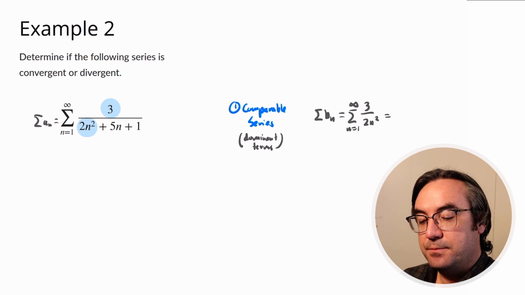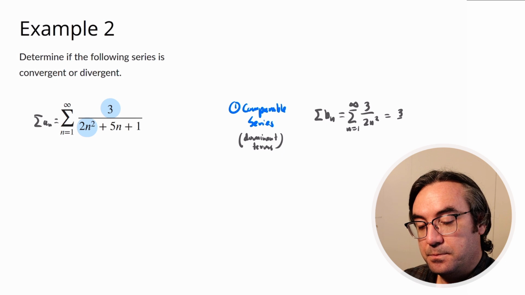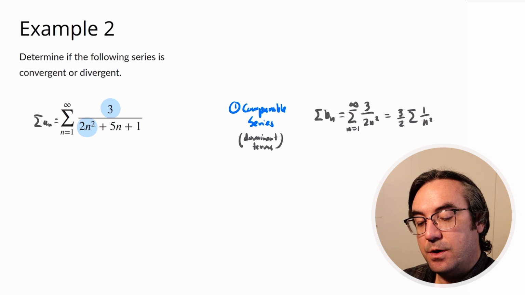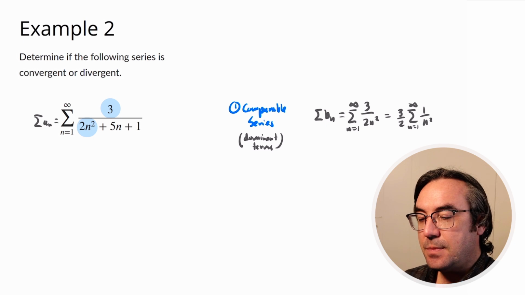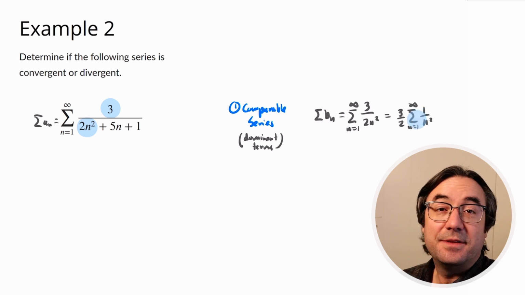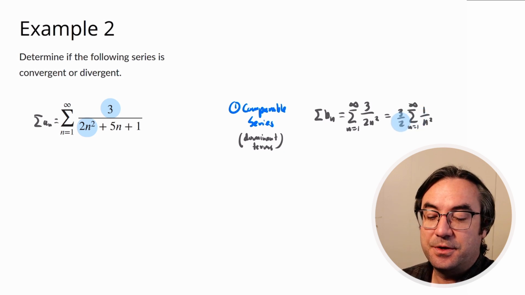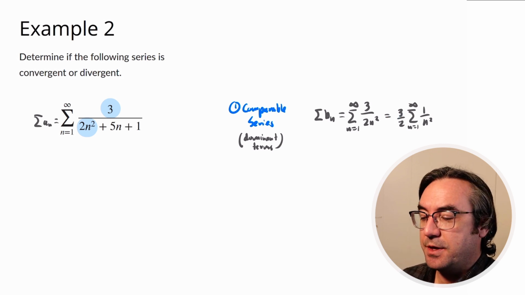And if we factor out the 3 and the 2, we end up with the sum of 1 over n squared, n equals 1 to infinity. And this portion, this is a p-series. So the multiplication by 3/2, that's not going to change the convergence one way or the other.